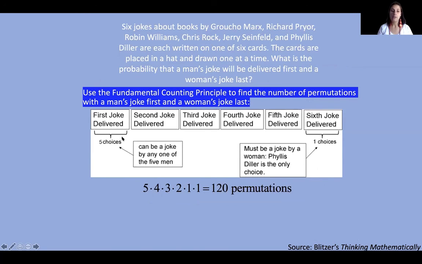So we have 5 times 4 times 3 times 2 times 1 times the 1 choice for that 6th joke, since there's only 1 woman to choose from. That gives us 120 for the number of ways this can happen out of the total possible outcomes, which is 720, which gives us a probability of 1 out of 6.